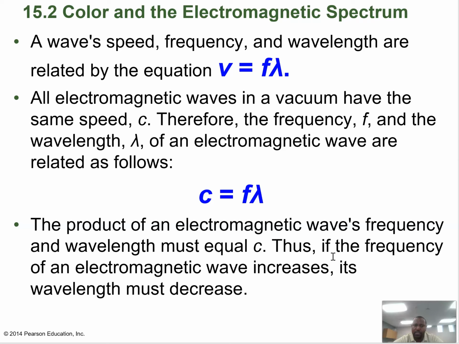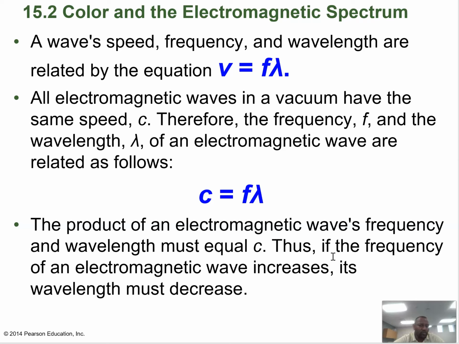All electromagnetic waves in a vacuum have the same speed, which is c. Therefore, the frequency f and the wavelength lambda of an electromagnetic wave are related as c equals f times lambda.